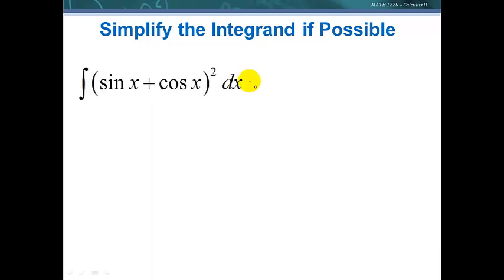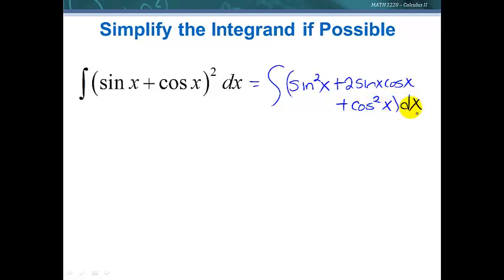As I'm looking at this one, if I multiply this out, this will be sine squared x plus 2 sine x cosine x plus cosine squared x dx. And now this is going to simplify, because here's my favorite trig identity. I've got sine squared plus cosine squared, and so that's just going to be a 1, plus 2 sine x cosine x dx.